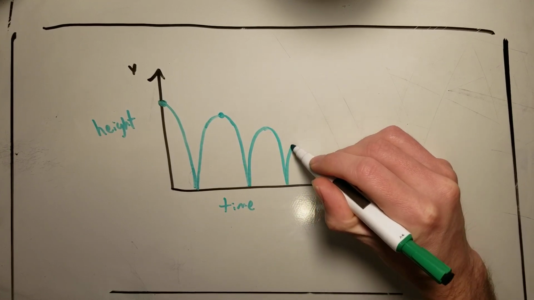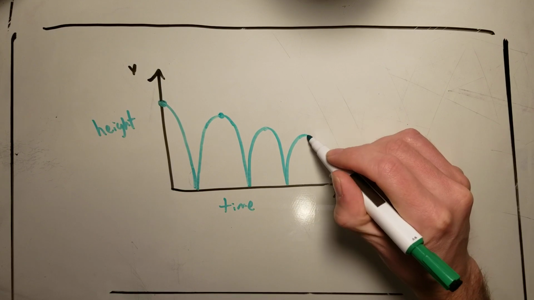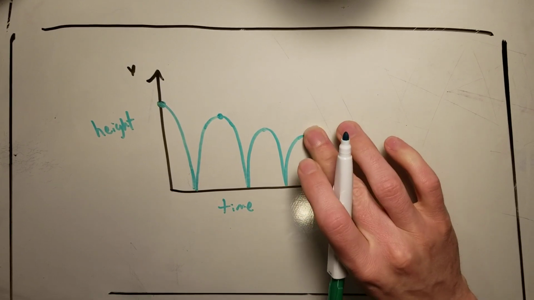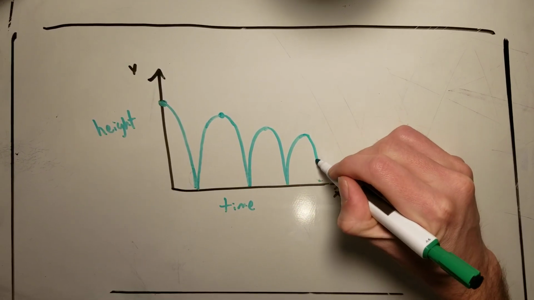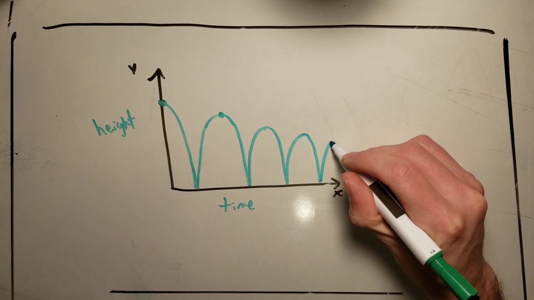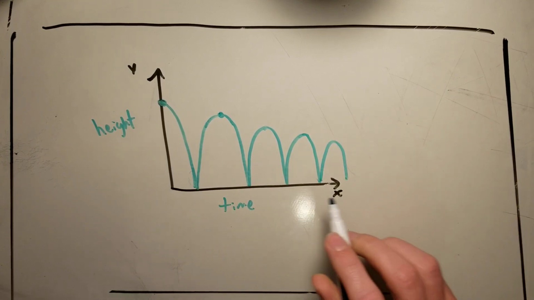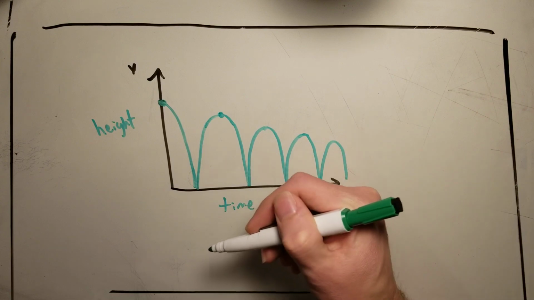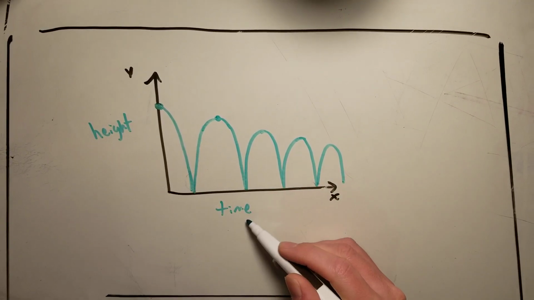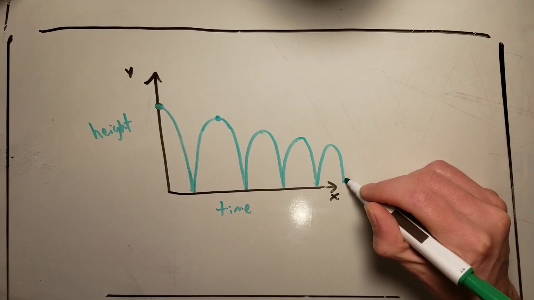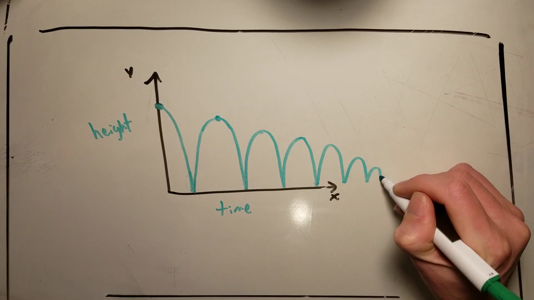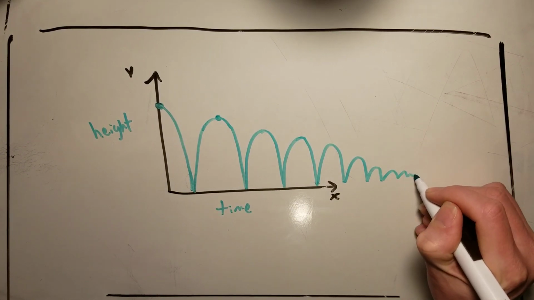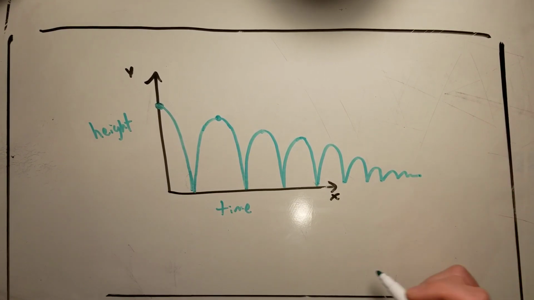So we're measuring the height as time goes on. Keep in mind, as this happens, we should continuously be moving to the right. At no point should we ever go backwards in the graph, because that would imply time is going backwards. So we should still be progressing to the right as we go, and eventually the ball will come to rest on the ground.